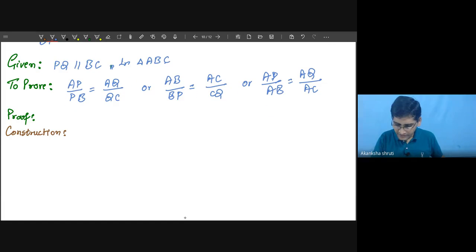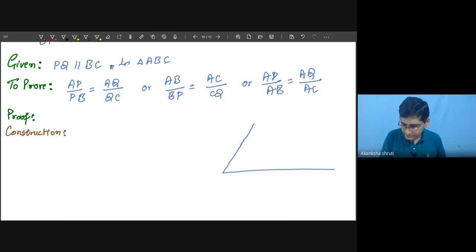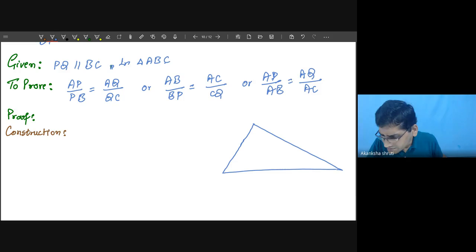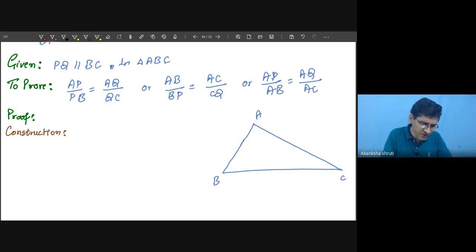So draw the triangle first for better understanding. Make the triangle in a different shape, means the side lengths should be different. Consider this as triangle ABC. Take a line parallel to this BC.